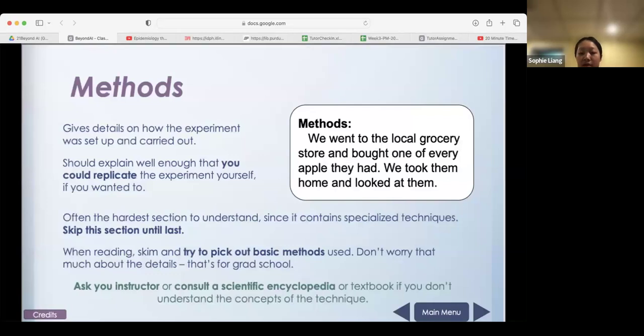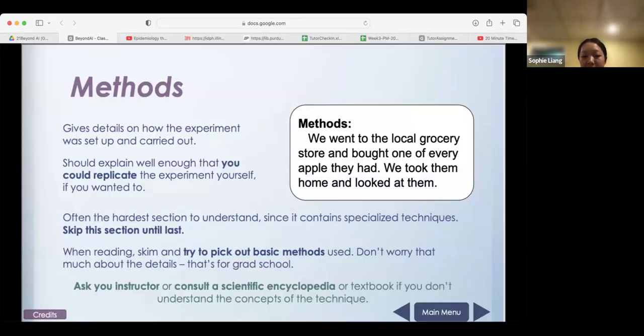This is often the hardest section to understand since it contains specialized techniques, like techniques for every field and topic. Skip this section until last. So it's saying that you should skip this section until it's the last one you need to do.